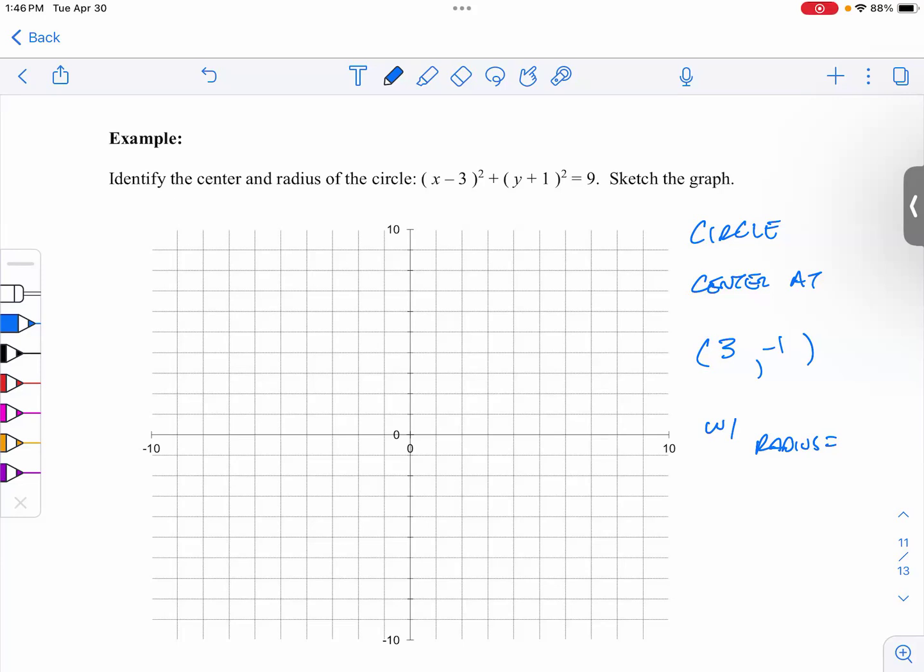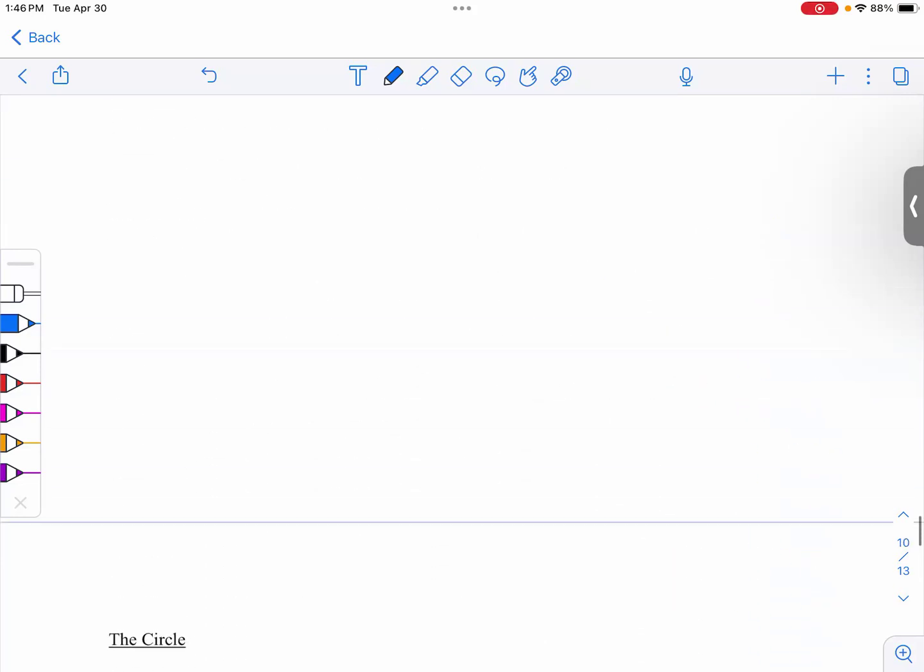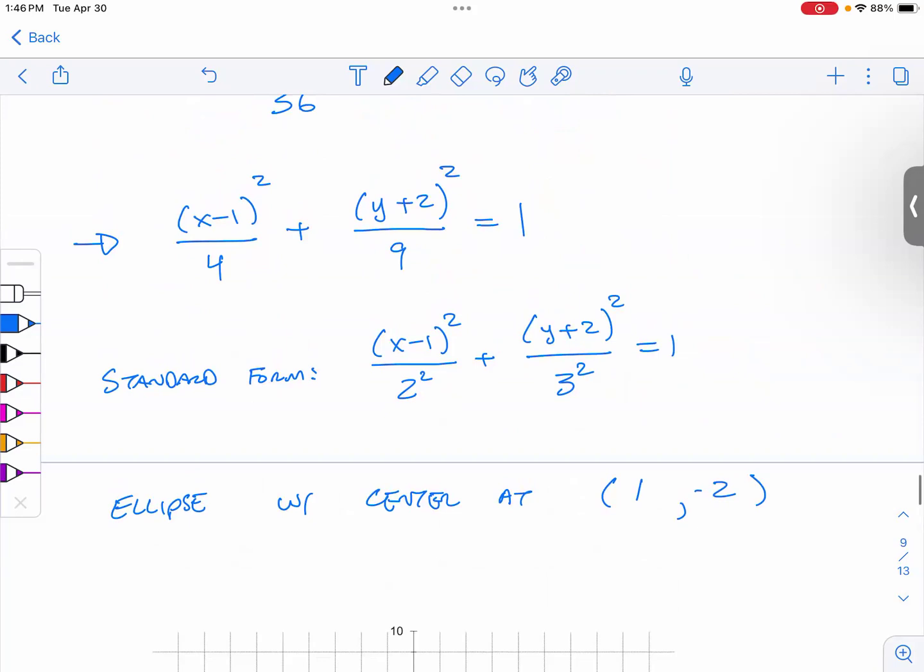So circles are even easier. With ellipses, I was counting in both directions because I have that value. But technically, if I put that in the form of an ellipse, it would still say the same thing. It would say 3 squared in my denominators, which means I go 3 out on the X, 3 up in the Y. So we change the form, but you can always write a circle in the form of an ellipse.